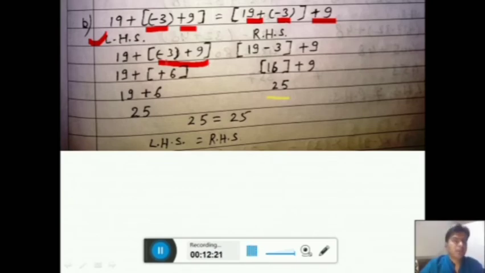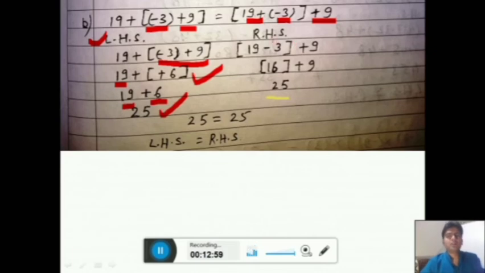So when we solve the bracket, minus 3 plus 9, the signs are different, minus 3 and plus 9, so we have to subtract the numbers. 9 minus 3 is 6, and the sign of the bigger digit is plus, so plus 6. From this box we got plus 6, so write the 19 as it is and then the plus 6. Now 19 plus 6 gives 25.